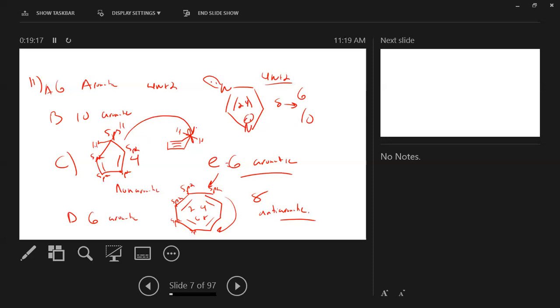So now we get to talk about, in question 12, aromaticity and delocalization. So let's look at A. It is an aromatic compound. And is that lone pair delocalized? Delocalized means it's participating in the aromaticity. So are those lone pairs of electrons participating? No, they're not, so it's not delocalized.